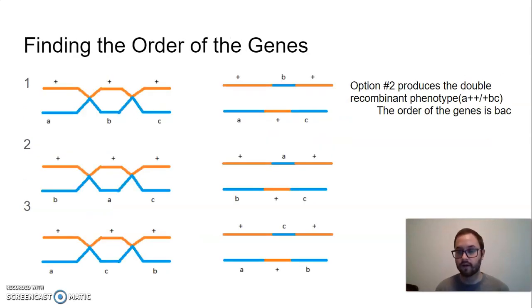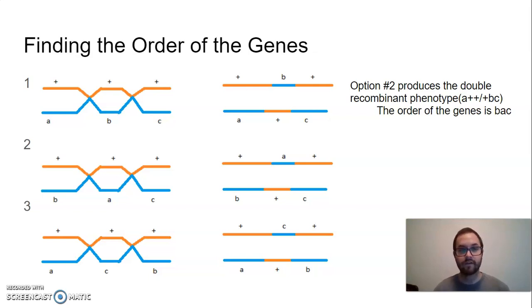After finding out which is a double recombination event, we can then find out the correct order of the genes. In order to do this, we can place down the order of the genes and see what it would look like if there was a double recombination event in that particular order. And whichever double crossing over event gives us the correct phenotype from what we saw last time, we know that gives us the correct order of the genes.